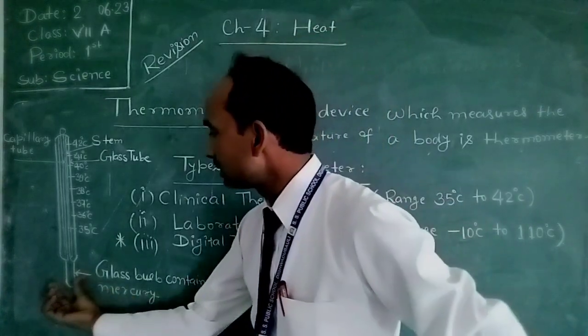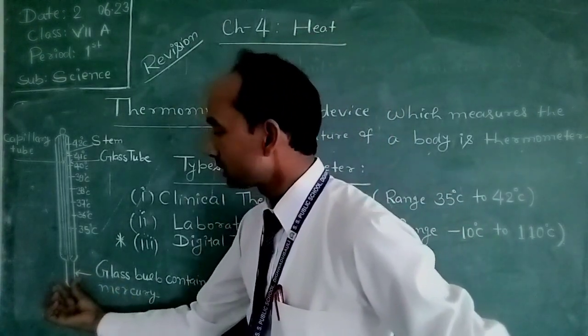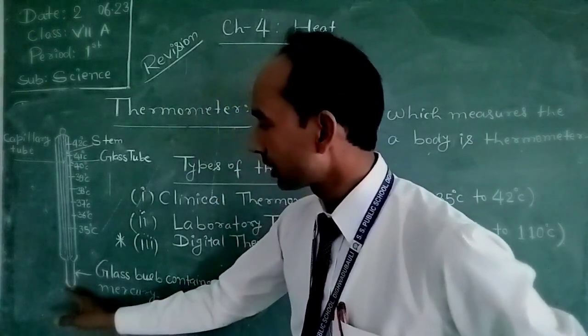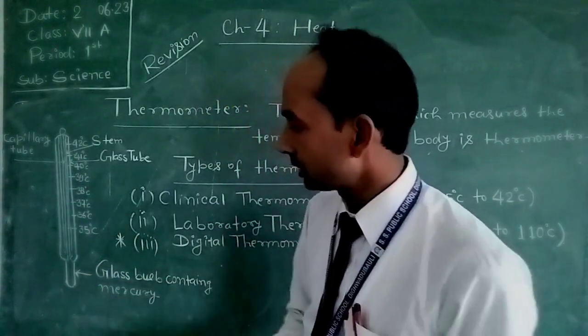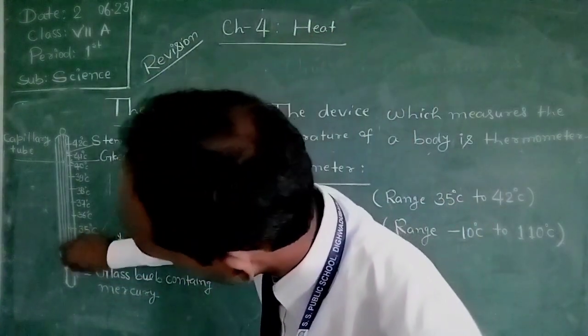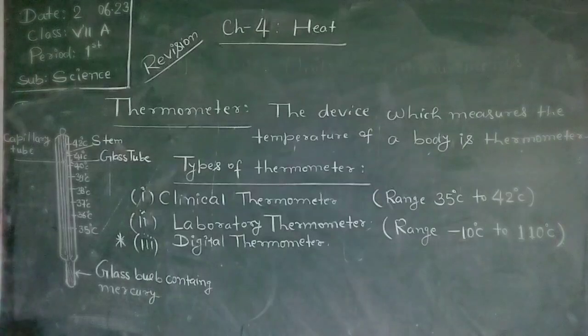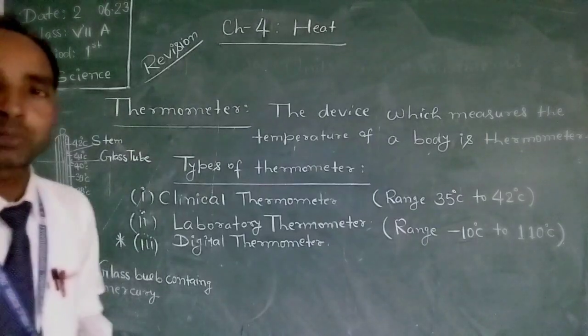That means inside the clinical thermometer, at the bulb, that is the end of the thermometer, mercury is filled. And what is the property of mercury?